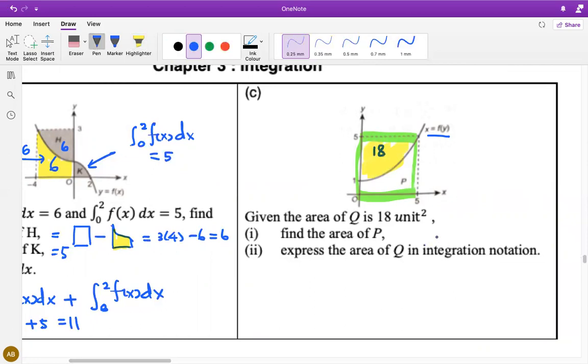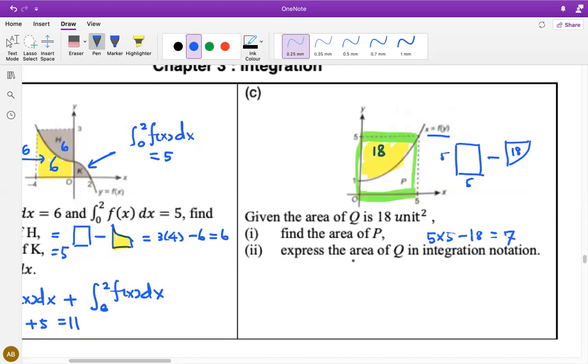So is 5 times 5, area of the rectangle. Okay, so it's a square actually, 5 times 5. Then you minus the upper part of 18. So you get 25 minus 18 is 7, correct? 7 plus 18, 25.